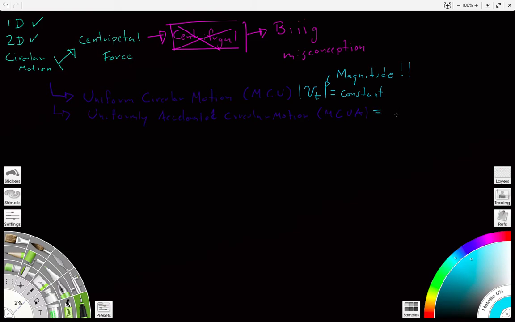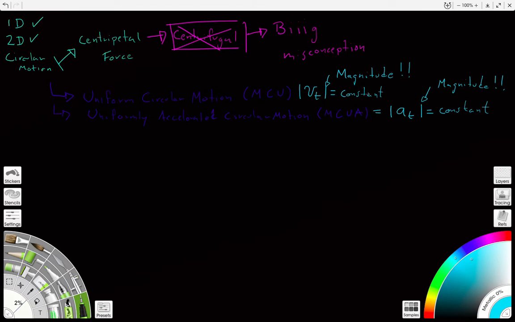And here we say that the magnitude of the tangential acceleration is also constant. So these are the two main differences, remember, magnitude.